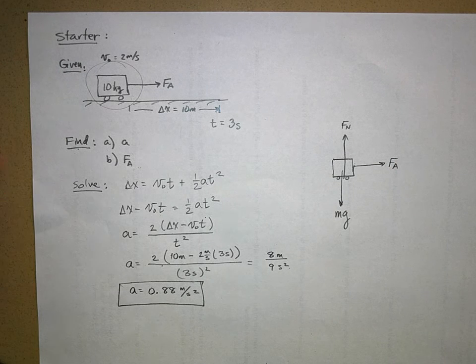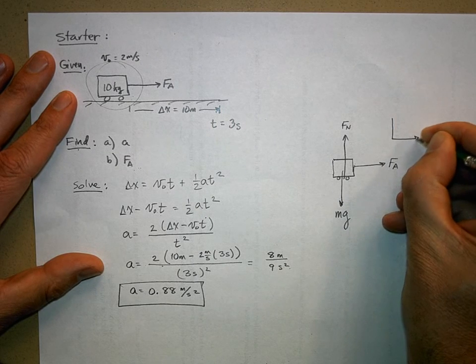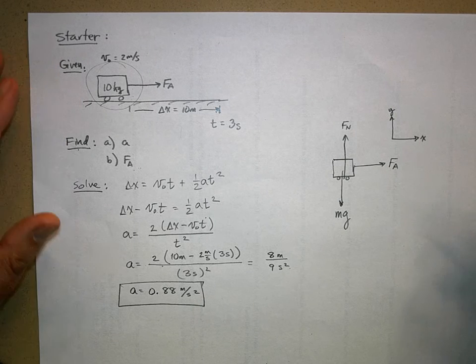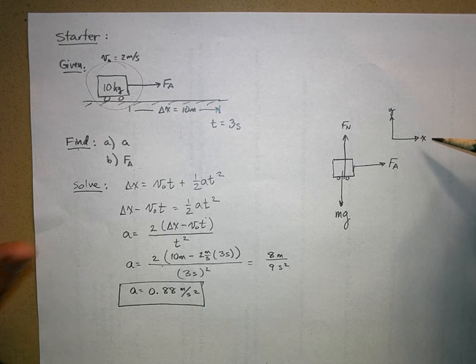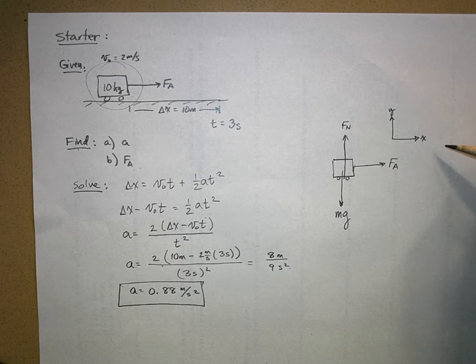Okay. Now I'm going to do step 3. I'm going to define my x and y directions. And as I said, on most of the problems that we're going to do, the x and y axis are going to be pretty much always like this. But in the next unit, we're going to be doing inclined plane problems.